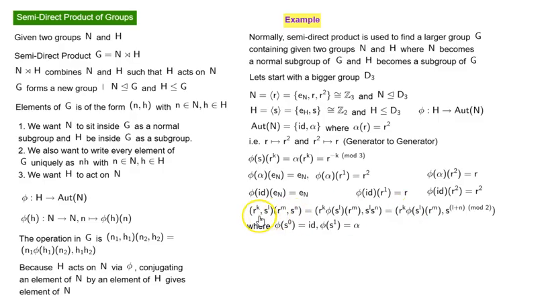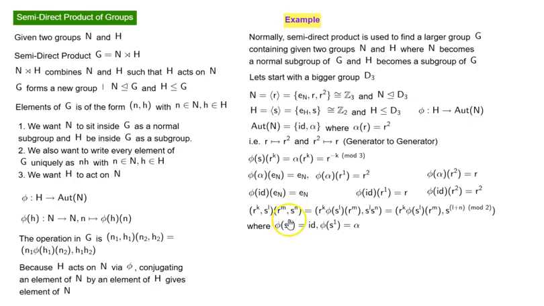So to keep it general, I'm taking it as R to the power of K, comma S to the power of L, times R to the power of M, comma S to the power of N, is equal to R to the power of K, phi of S to the power of L of R to the power of M, comma, S to the power of L plus N mod 2.